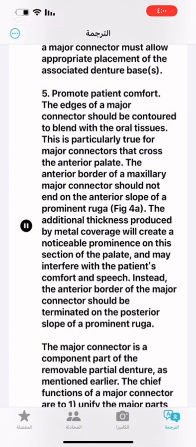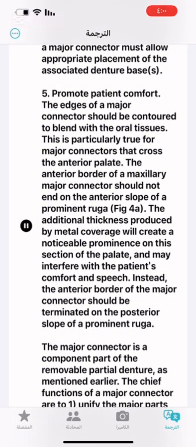The most common method for controlling this movement is through the use of one or more indirect retainers. For practical purposes, indirect retainers will always take the form of rests. When properly positioned, these rests can minimize the rotational movements of the prosthesis.